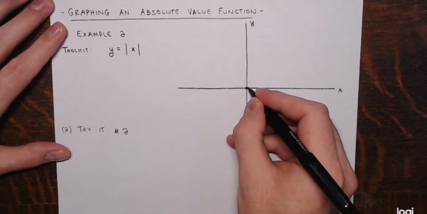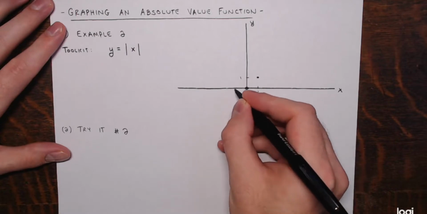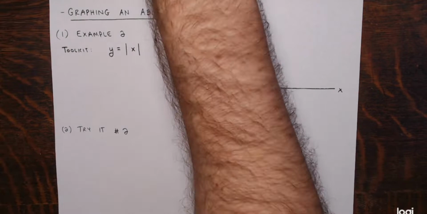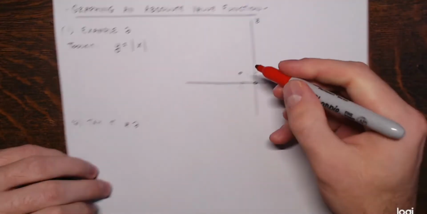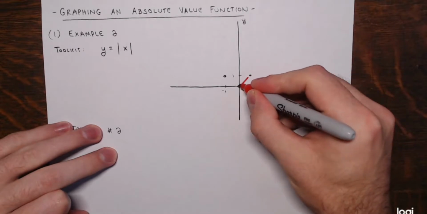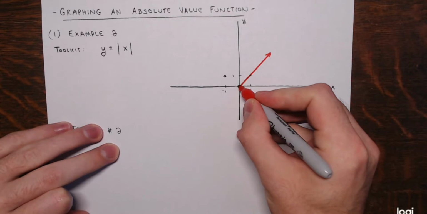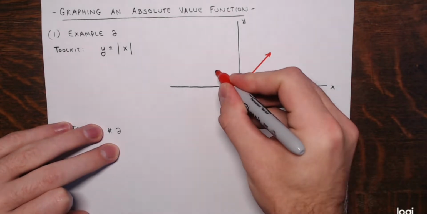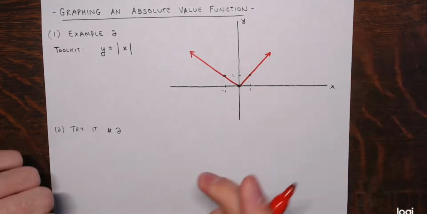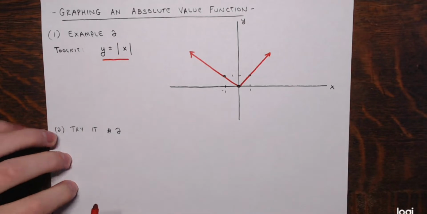That has (0, 0), and the absolute value of 1 is 1, the absolute value of -1 is 1, and it's just this V-shaped graph. The lowest point is at (0, 0), and it goes through (1, 1), (2, 2), (3, 3), and (-1, 1), (-2, 2), (-3, 3), and so on. So here's y equals the absolute value of x.